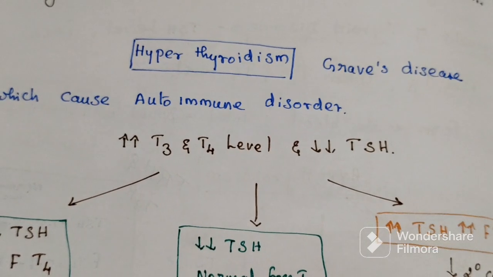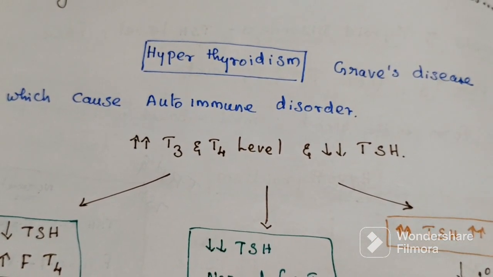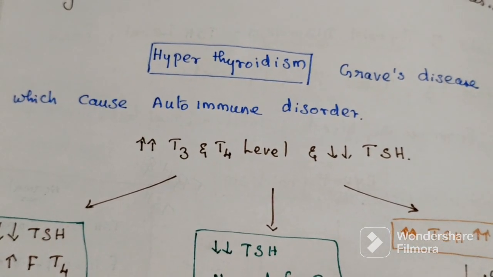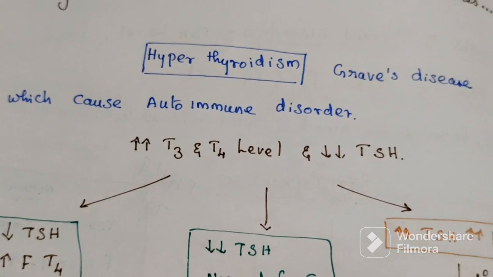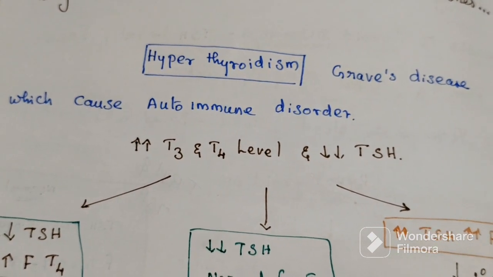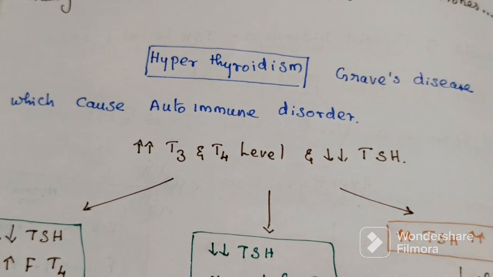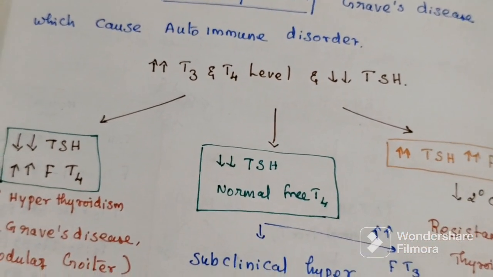If you are suspecting hyperthyroidism, do the TSH level first, which is a sensitive and specific parameter for assessment of thyroid function, followed by free T4 level. Here we have three conditions.